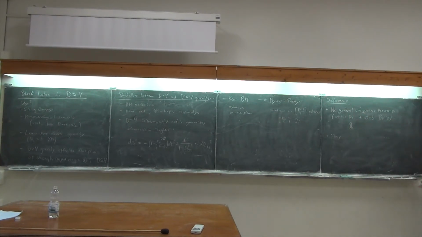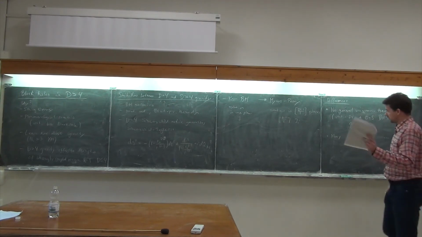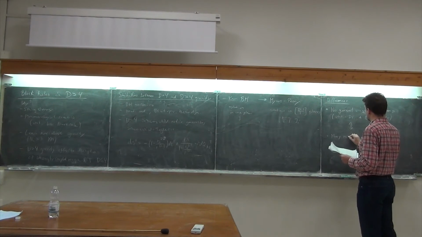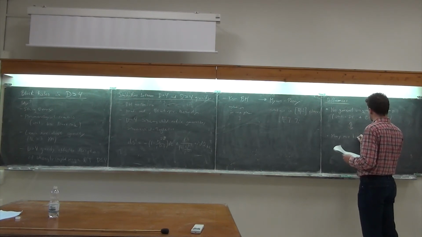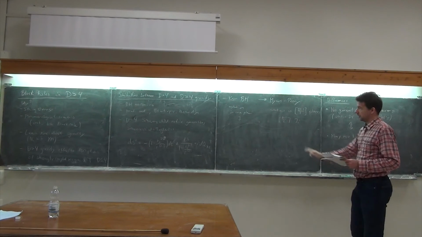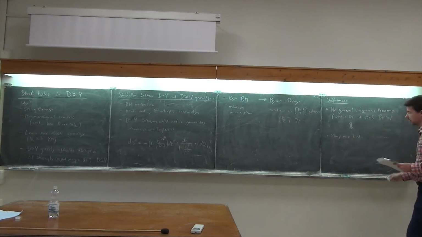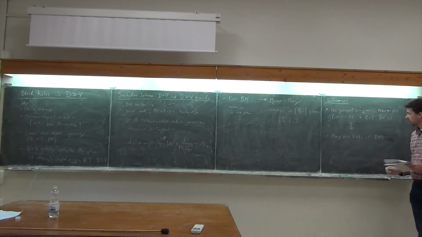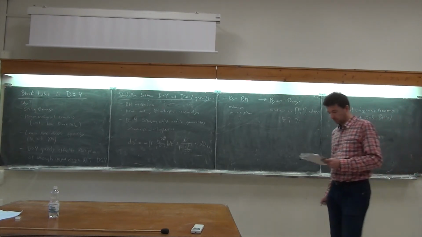But there's a reason for this, namely, as I will show you explicitly, there are many more kinds of black holes than the ones I just listed. So you can say there's a reason why we didn't find these general uniqueness theorems, because you actually have a lot more black holes.